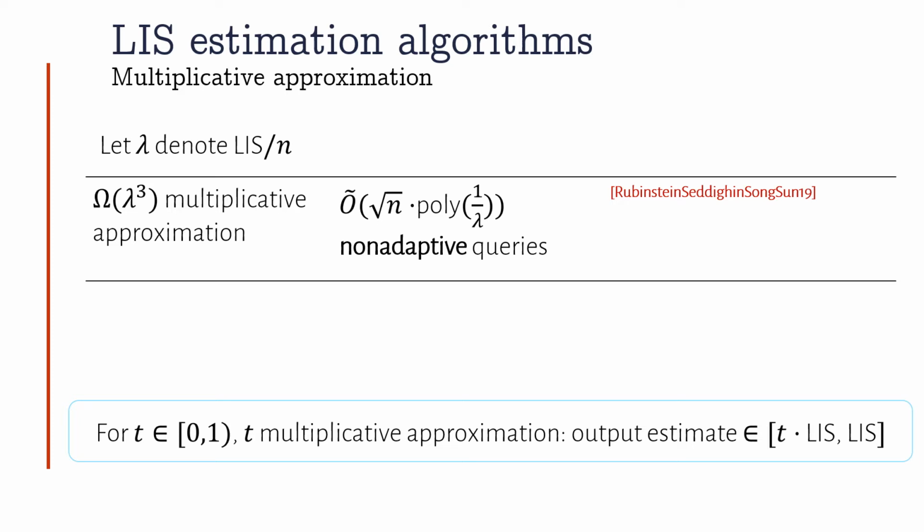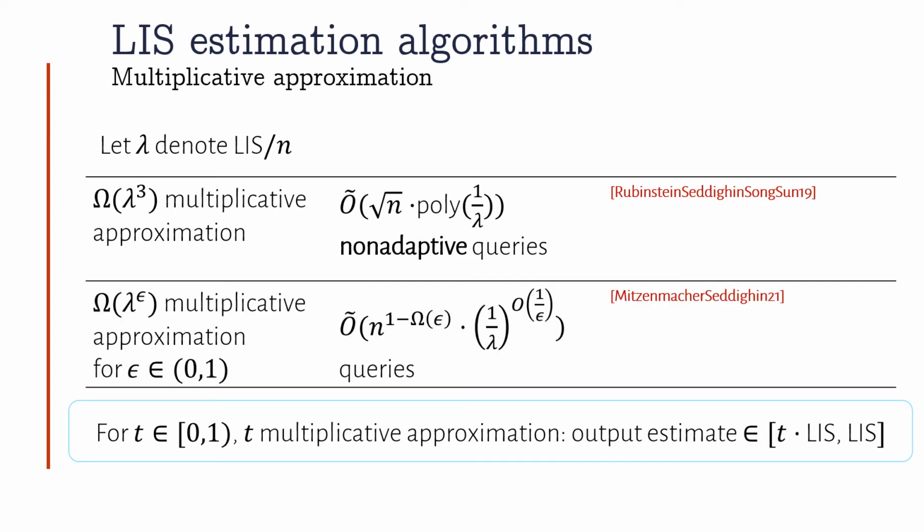For your reference, I have given here what we mean by a multiplicative approximation on the slide. Very recently, in a work independent and parallel to ours, Mitzenmacher and Seddighin gave an omega lambda to the epsilon multiplicative approximation algorithm for LIS for epsilon in between 0 and 1, whose complexity is sublinear in n but worse than root n.